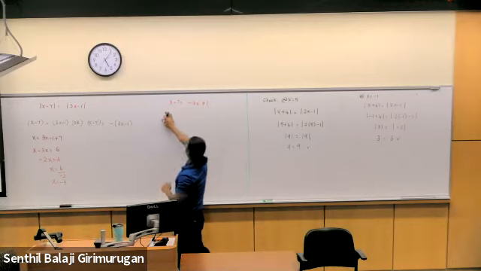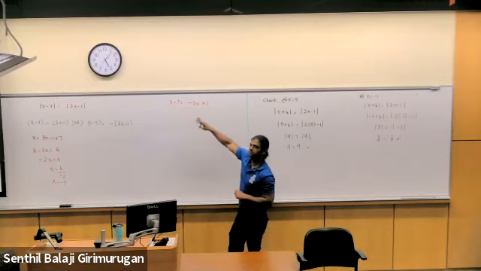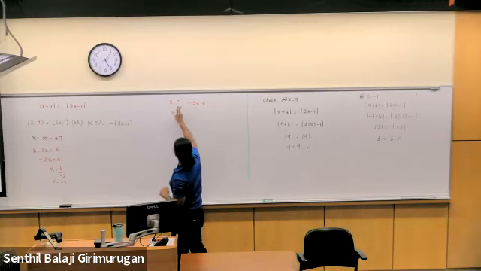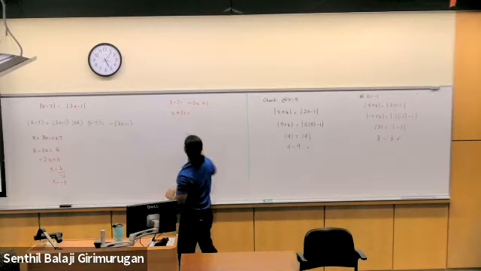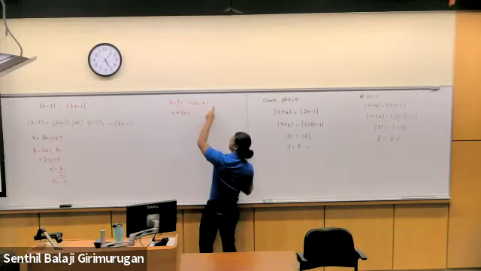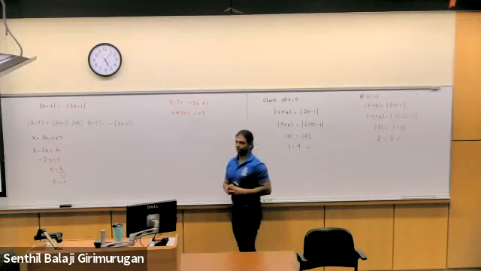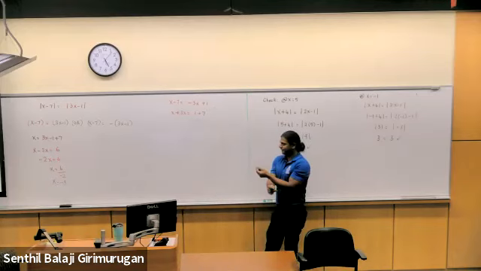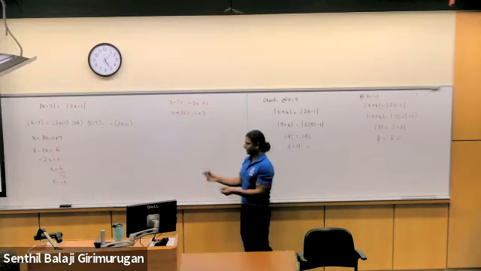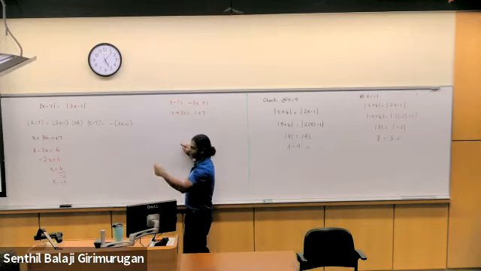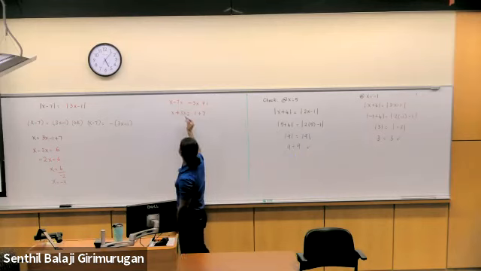So move all the x's to one side, numbers to the other. -3x, when it comes to the left-hand side, it would become +3x. -7, when it moves to the right-hand side, it would become +7. Anytime you cross over the equal sign, the sign, positive or negative, will change.